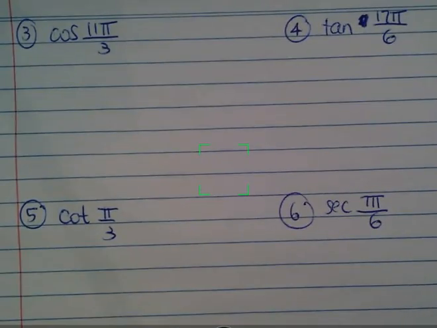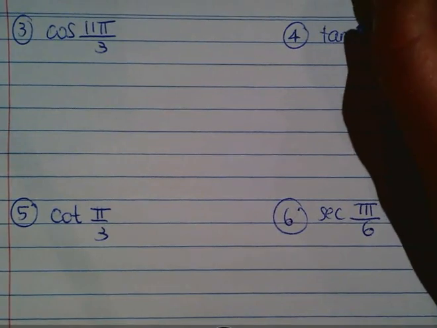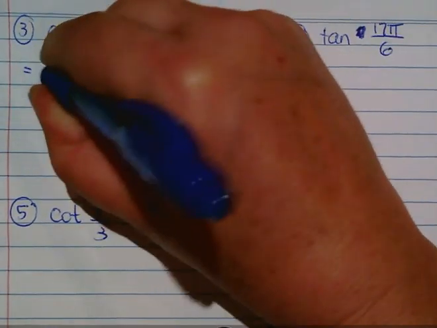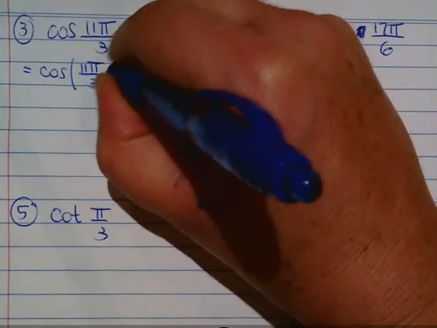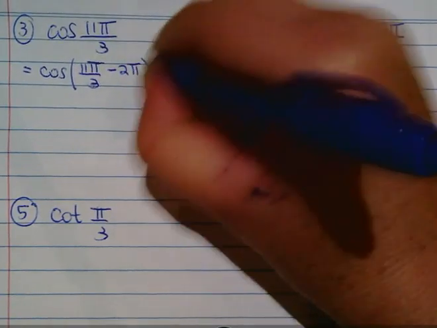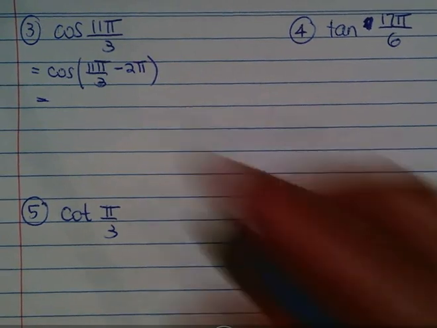Okay? Now the cos of 11 pi on 3. Now that's obviously more than one time around the circle, because remember that 2 pi is 360 degrees. So this will be the same as cos of 11 pi on 3 minus 2 pi. Now 11 over 3 is 3 2/3 minus 2, that's 1 2/3. So you can just go 11 over 3 minus 2 in your calculator.